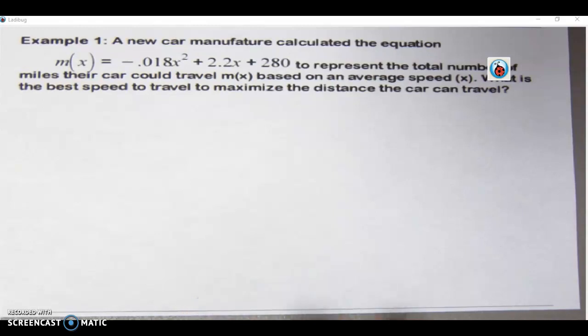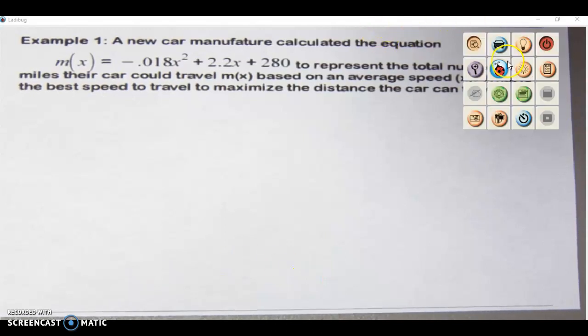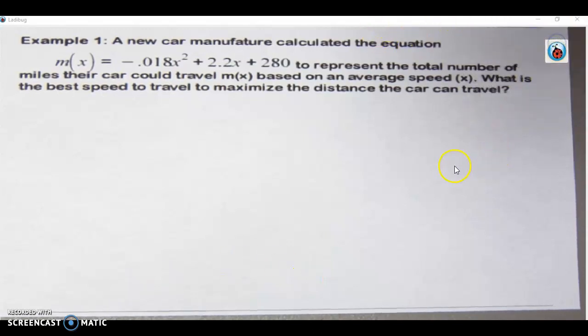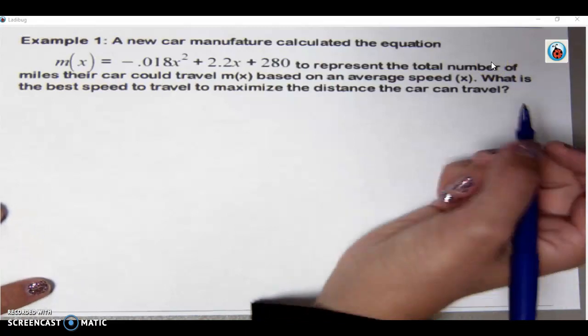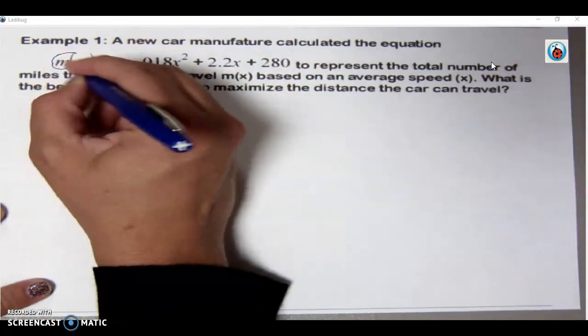So for our first example, it says a new car manufacturer calculated this equation m of x to represent the total number of miles their car could travel, and that's what m of x is, based on the average speed, which is x. We want to figure out what is the best speed to travel to maximize the distance the car can travel. So we kind of have a lot going on here. First off, this is our equation.